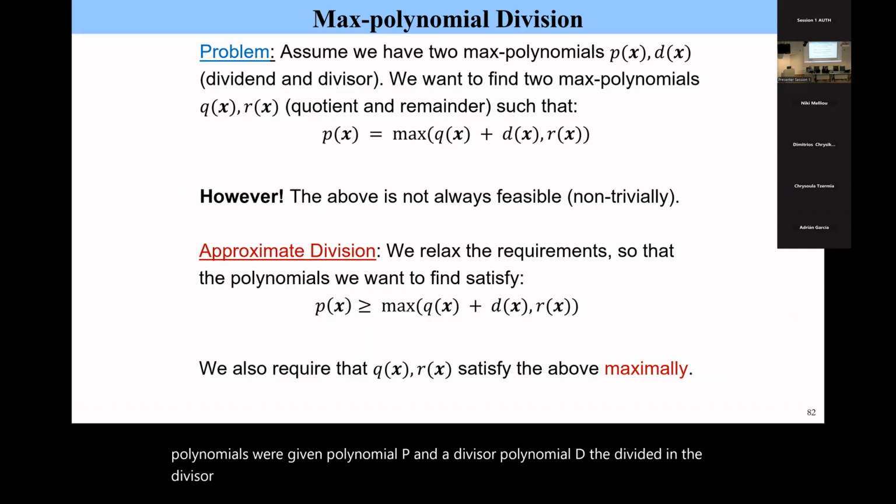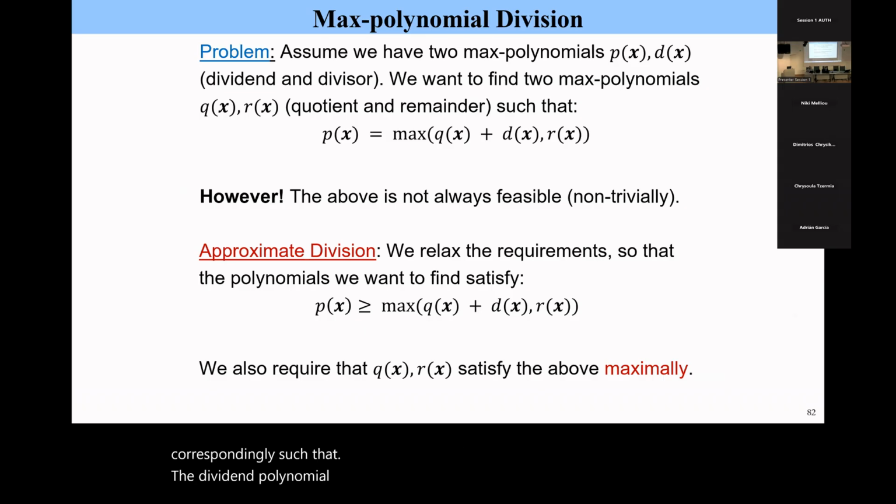We want to find two polynomials Q and R, the quotient and the remainder correspondingly, such that the dividend polynomial P is equal not to Q times D plus R, but the maximum of Q plus D, comma R. Again, in tropical arithmetic, the sum is replaced by max, and the multiplication is replaced by addition. That's why we have the addition of the quotient Q and the divisor D.